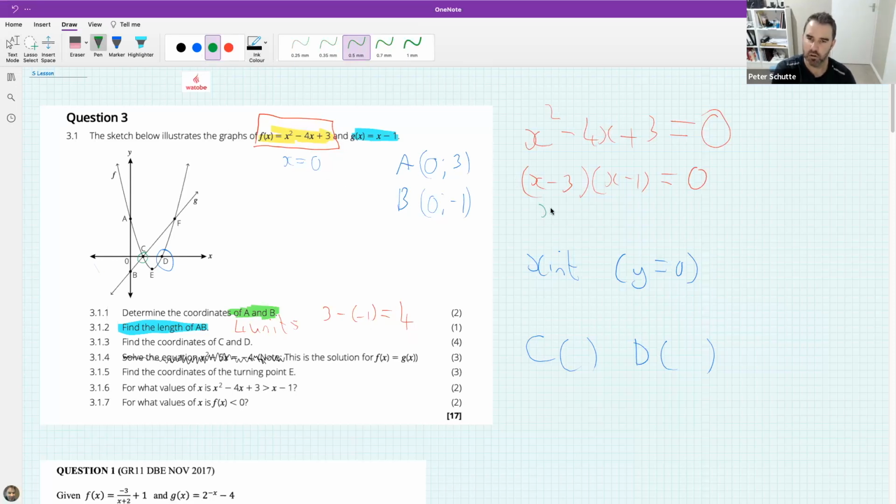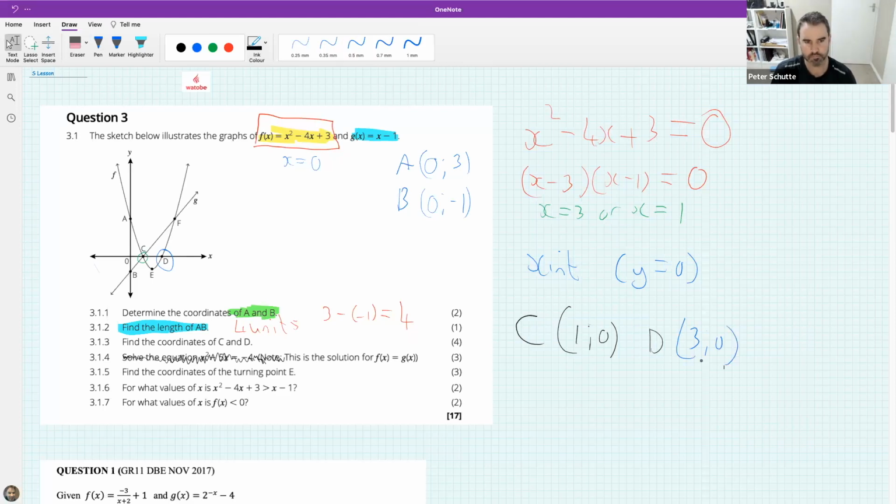Now the question is, a lot of students are saying that x is 3 and x is 1 if we solve that quadratic, but which one goes with which? If we look at the drawing, the C is further to the left, so it must be the 1, and then its y coordinate is 0. And then the D, which is the second one, it should be (3, 0).